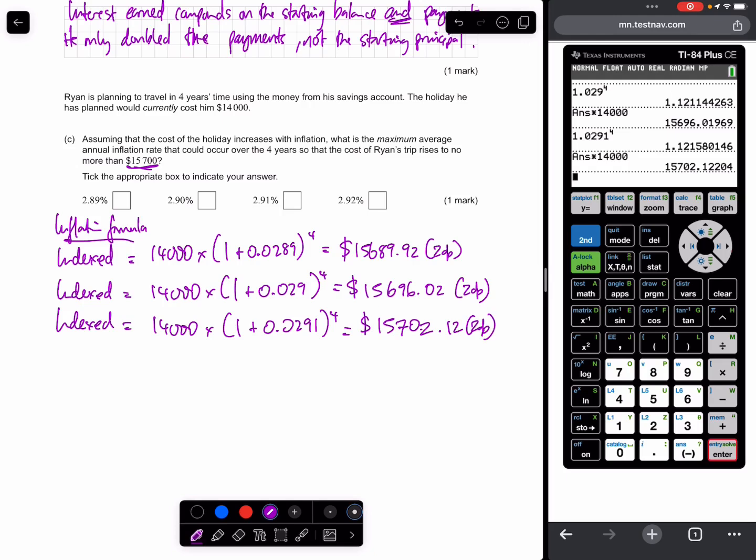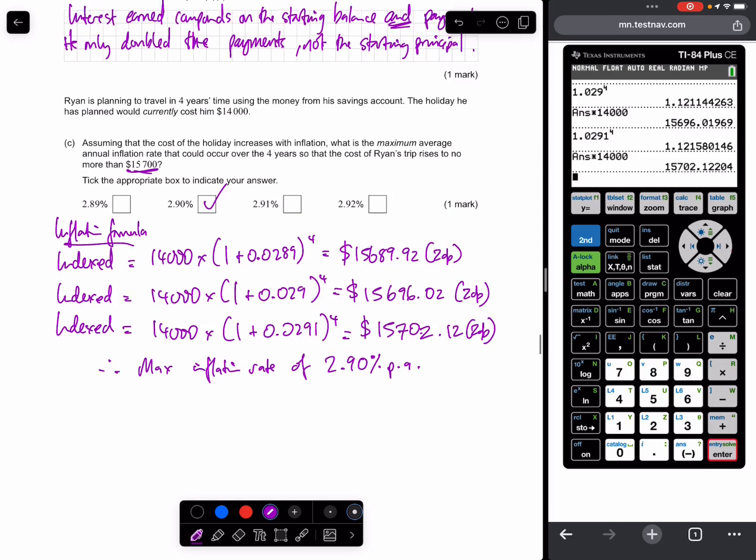That's gone over 15,700, therefore max inflation rate of 2.90% per annum.